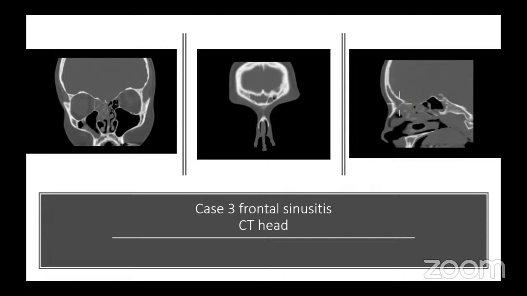And this is a coronal image at the level of the frontal sinus, a large frontal sinus with full opacification on the right side and a smaller frontal sinus with some aeration on the left side. And this is the sagittal image at the level of the frontal sinus, showing some agger cells near the frontal recess area.